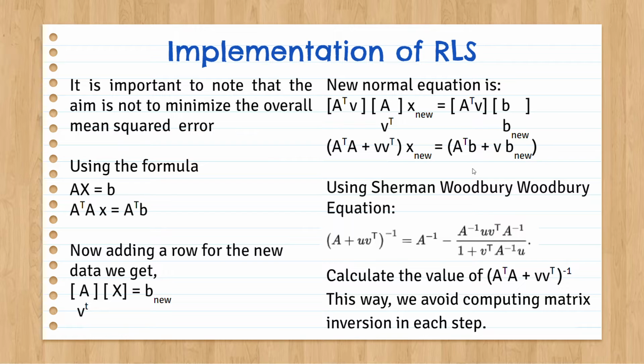We have to calculate the inverse of this part to solve the following equation. Hence, we use the Sherman-Morrison-Woodbury equation to calculate the inverse matrix. And this way, we avoid computing the matrix inversion in each step. The Sherman-Morrison-Woodbury equation helps us perturb the matrix from rank n to rank k.